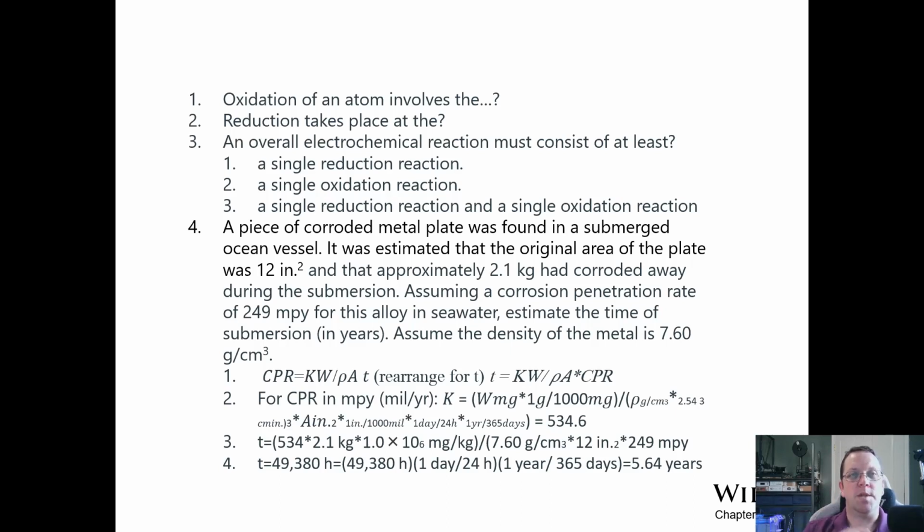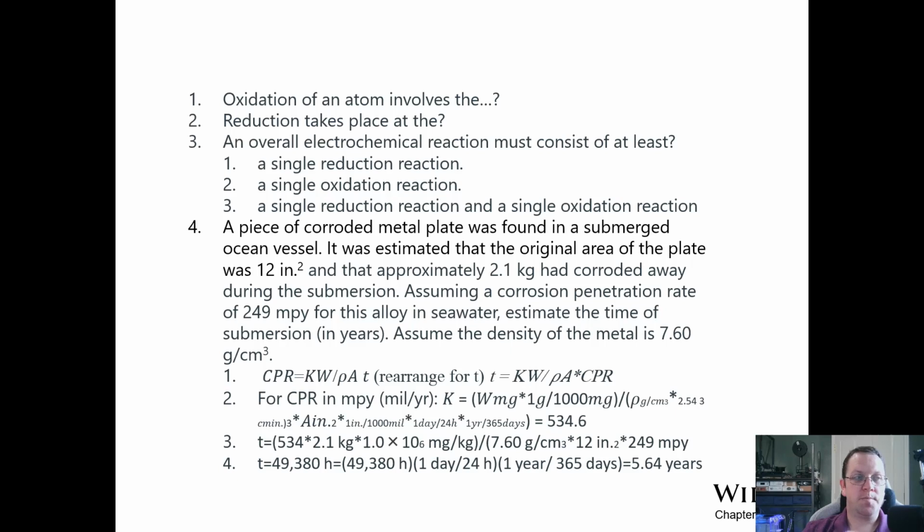The first step is to understand what the formula is for the CPR, or the corrosion penetration rate. That's this constant K times W, the weight, divided by, all in the bottom row, the density times A, area, times time. So rearranging that for time, doing some quick algebra, you have our new equation.